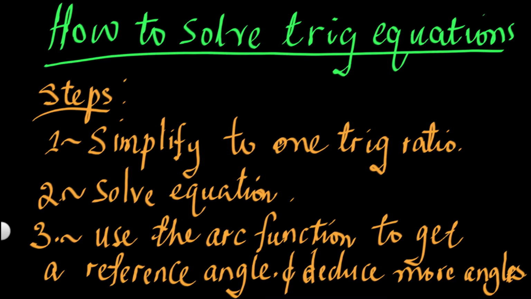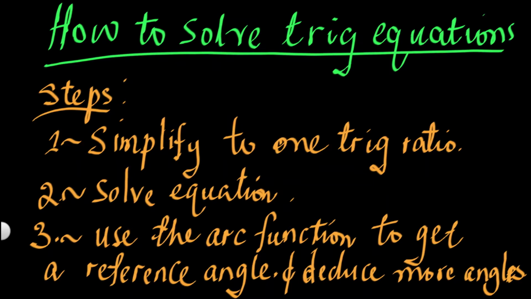In this video, I'm going to explain how you solve a trigonometric equation, and there are simple steps that you have to follow. Step number one, if you are given a trigonometric equation that contains different trig ratios, let us say there is a cosine and then there is a sine and a tangent, whatever, simplify to one trig ratio.